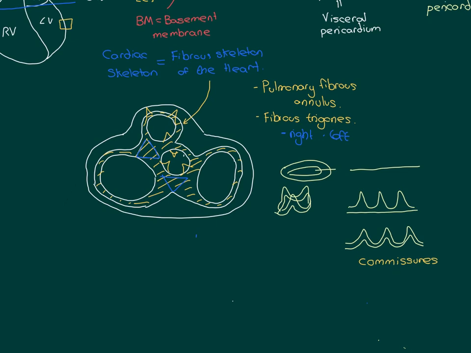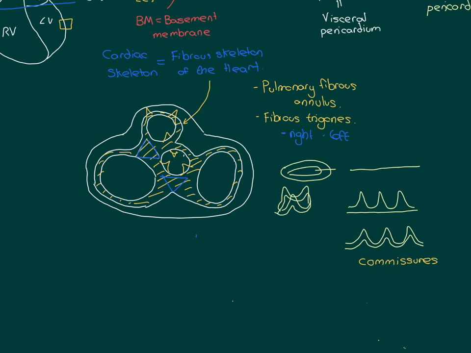I would advise that you go onto Google and type in cardiac skeleton, and you'll get these beautiful pictures of the fibrous skeletons, and you might even get pictures where they've taken all of the rest of the heart away and you've just got the fibrous skeleton left, and that will hopefully convince you of how strong this thing is, enough to be present after dissection of the rest of the heart away. It is a reasonably strong structure, and it's the structure that all of the heart valve leaflets are going to be attached onto.